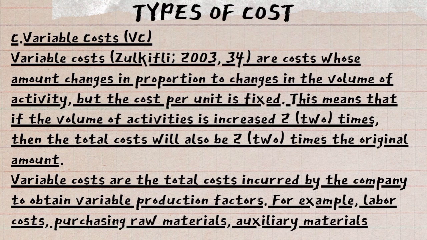C. Variable cost, or VC. Variable costs are costs whose amount changes in proportion to change in the volume of activity, but the cost per unit is fixed.